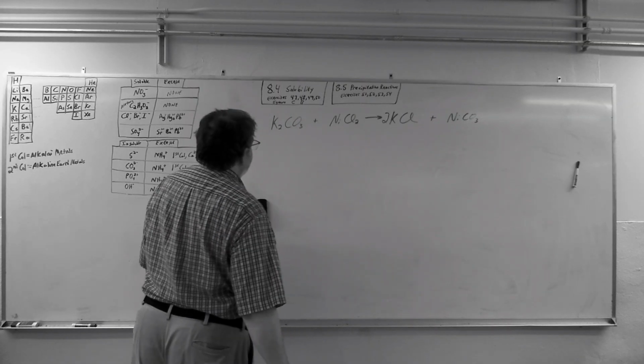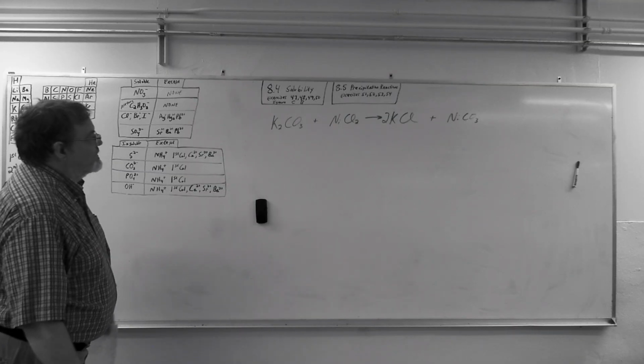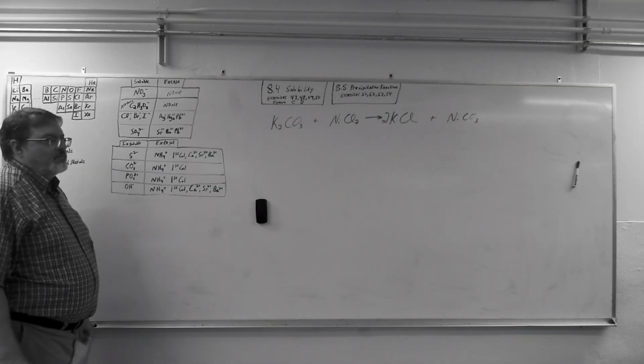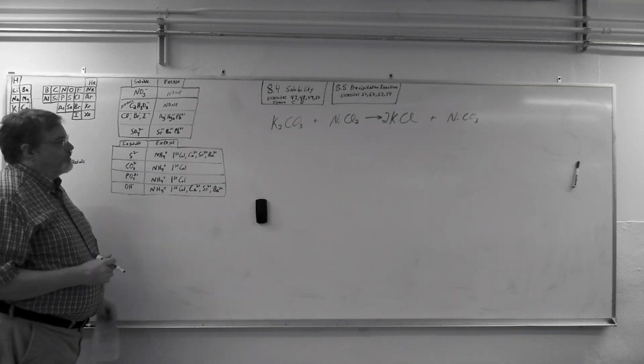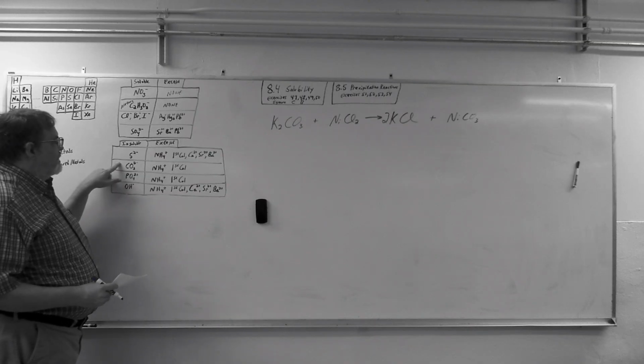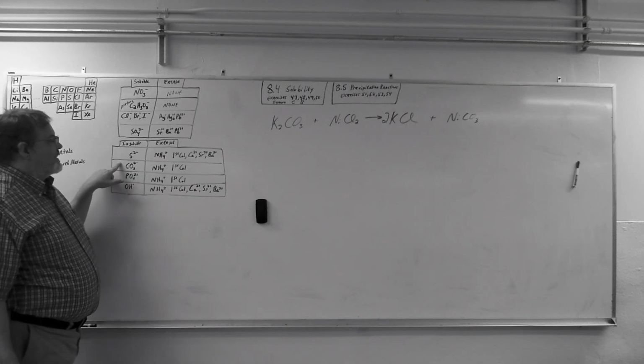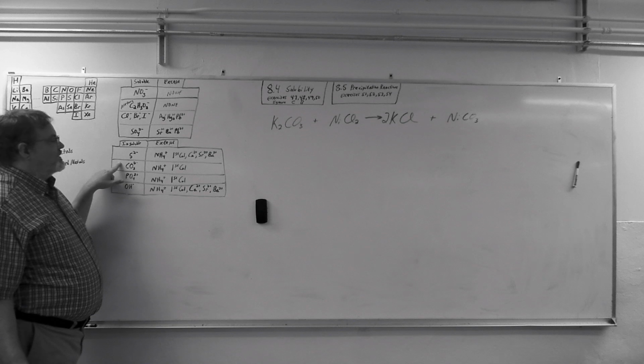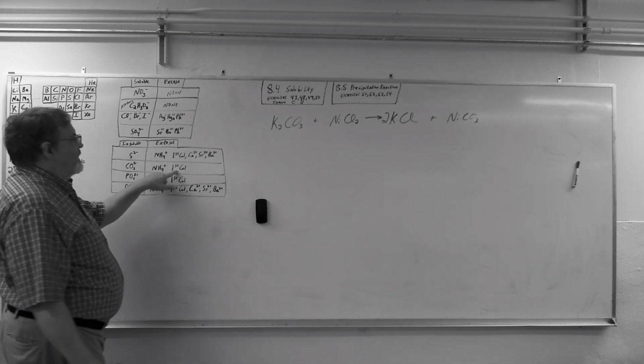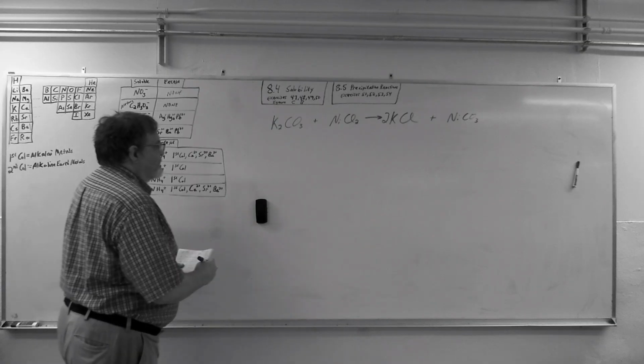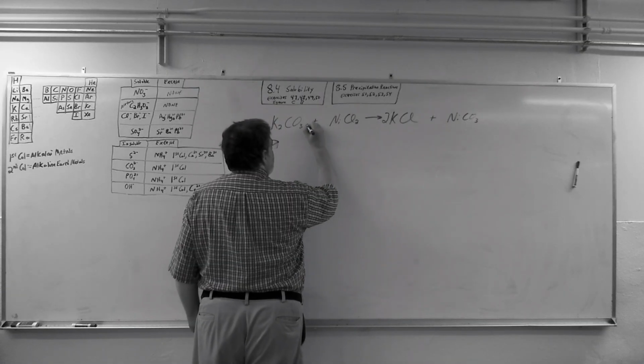But now the question is, K2CO3, so reaction or no reaction? K2CO3. Anything with CO3 is insoluble, except for these, and K is in the first column. So this one is soluble.